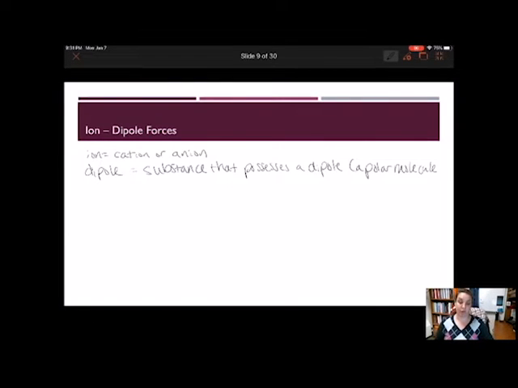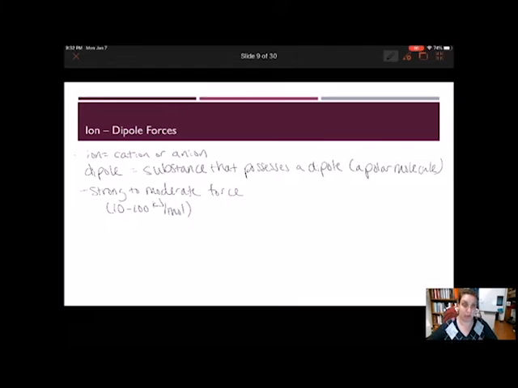From 1211, we learned that if we have a polar molecule, the reason that it is polar is because it has a dipole. So this is a strong to moderate force. So it's between 10 and 100 kilojoules per mole. So this is the strongest of our intermolecular forces.